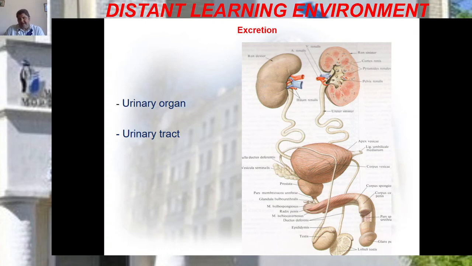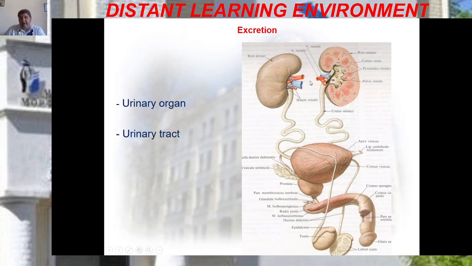is the urinary system. And the urinary system divides into 2 parts. The urinary organ which produces the urine, this is the kidney, a paired organ, and also the urinary tract. Some organs of the urinary tract, through these organs, the urine goes out from our body.